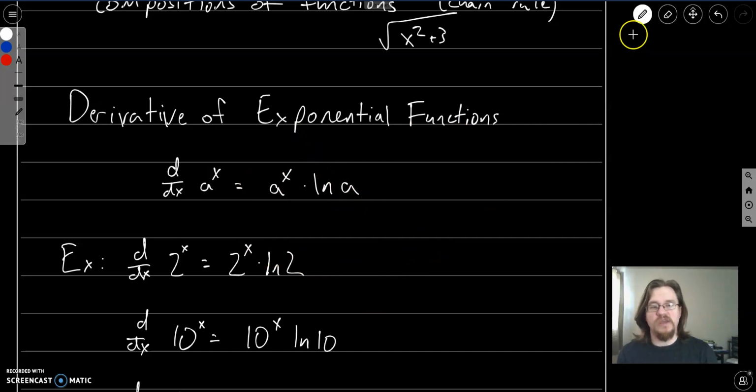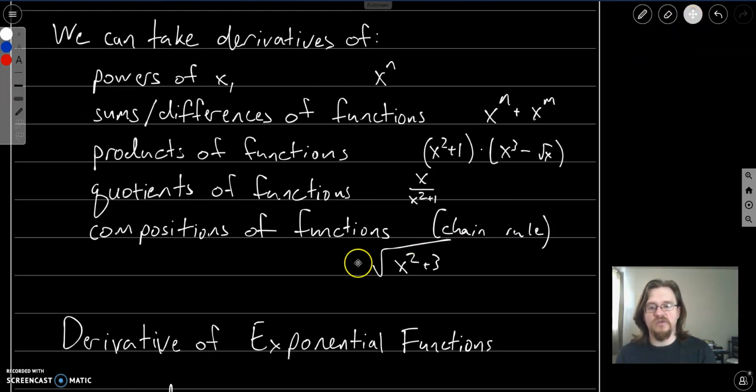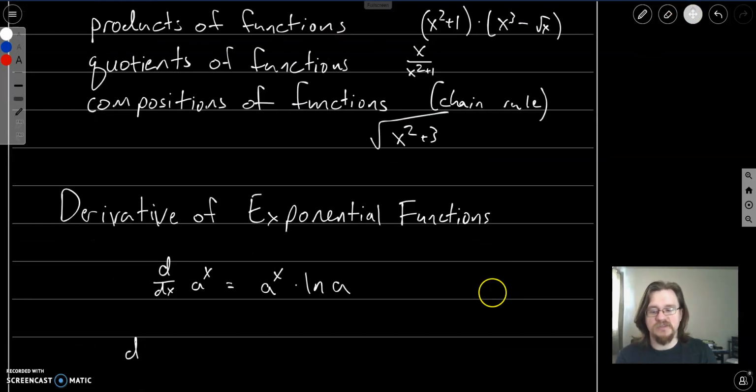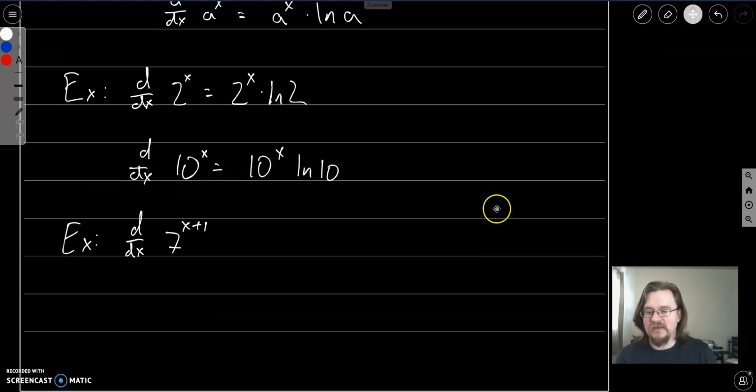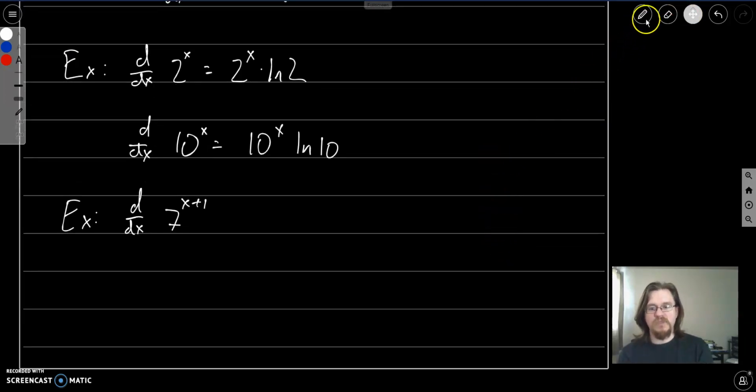However, we can start combining exponential functions using all of the rules that we've already seen. We can throw in some powers of x, we can add it to things, take products with it, divide it by things, and take compositions. So let's look at another example here. We've got the derivative of 7 to the x plus 1 power.